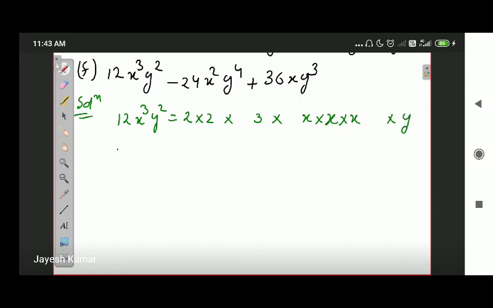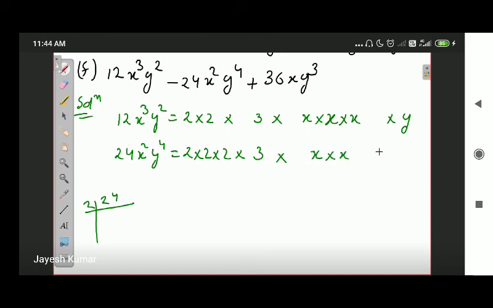Next is 24x square y to the power 4. Let us find out the prime factors of 24. 24 is 2 into 12, so this is 2 into 2 into 2 into 3 into x into x into y, y, y, and y.